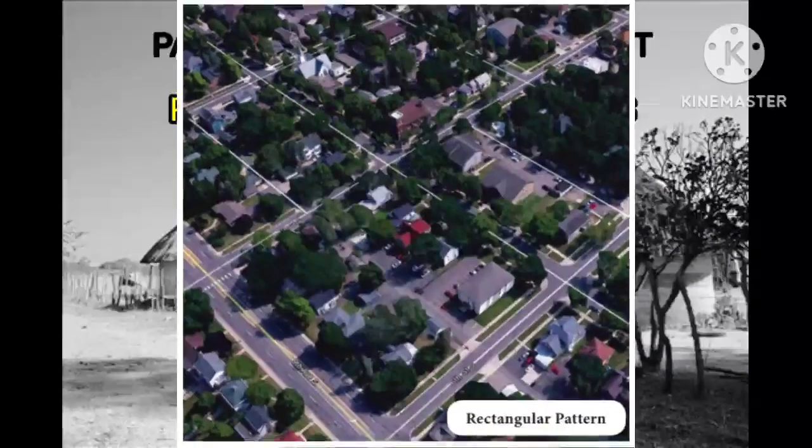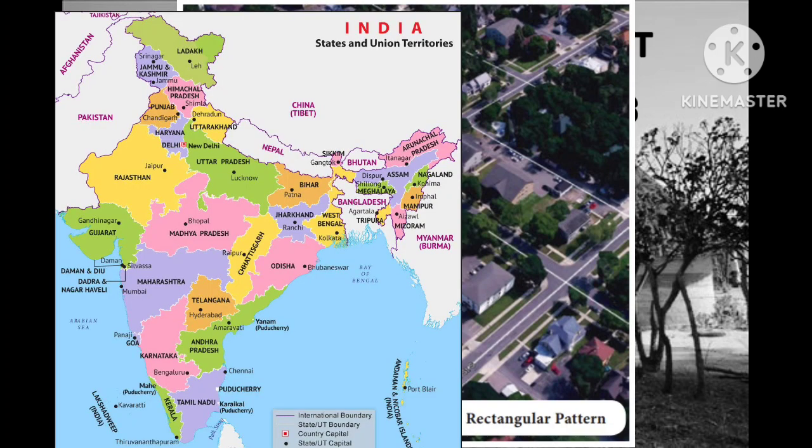Settlements with rectangular patterns have a high degree of nucleation. This pattern of settlement is most common in India, and it is found where the land availability is very high. Which type of land? Obviously agricultural land.